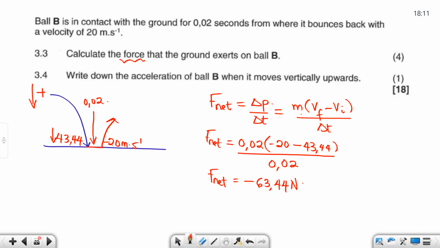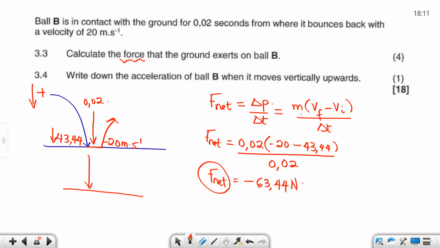Now, this is not the final answer. Read the question. The question did not say calculate the net force. Calculate the force that the ground exerts on the ball. When we say net force, it is the sum. Now let's see how many forces are acting here. That's the ground, right? The ball is going to hit the ground.